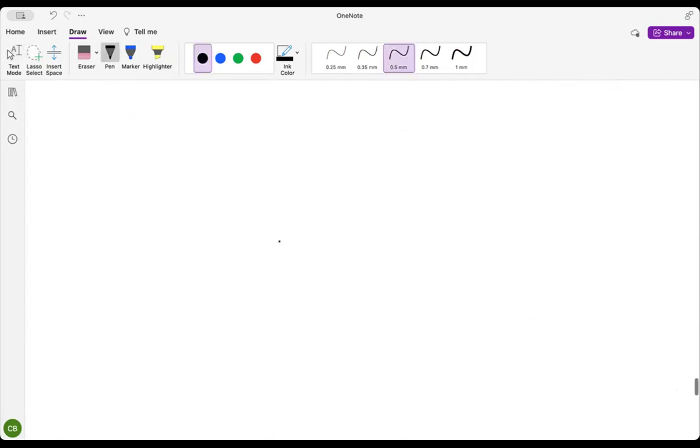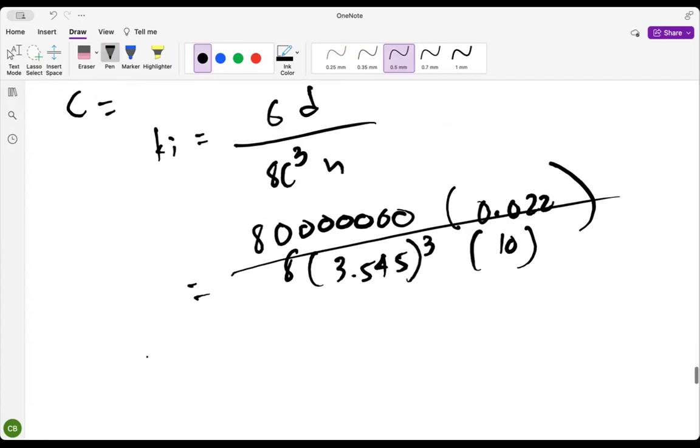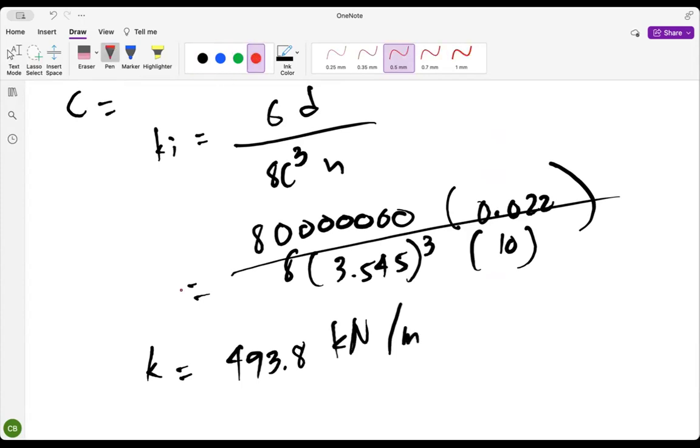So Ki is equal to 0.8 kilonewton per meter. So this is the one.